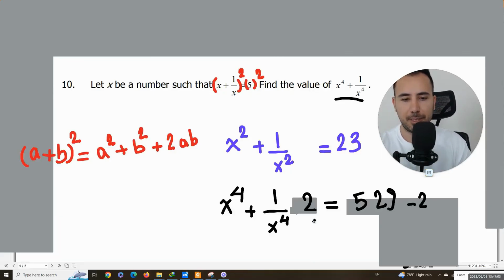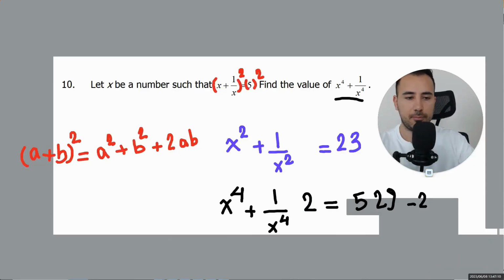I made a little mess here. So let's see it here. So this value, let me clean it. The answer is 529 minus 2. So 527 will be the right answer.